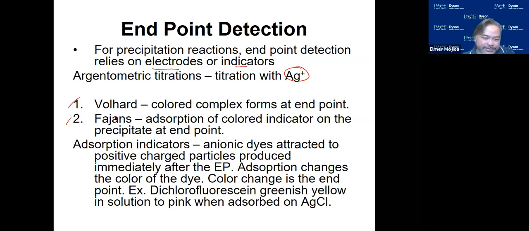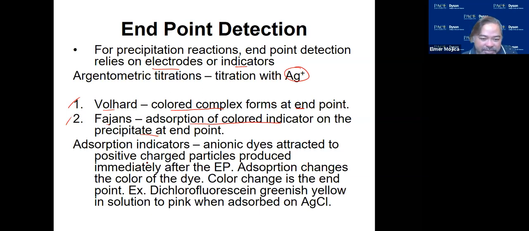In the Bonehart, you form a colored complex at the endpoint. In the Fajans, on the other hand, there's an absorption of a colored indicator on the precipitate at the endpoint. So the Fajans would use anionic dyes. What happens to these anionic dyes?